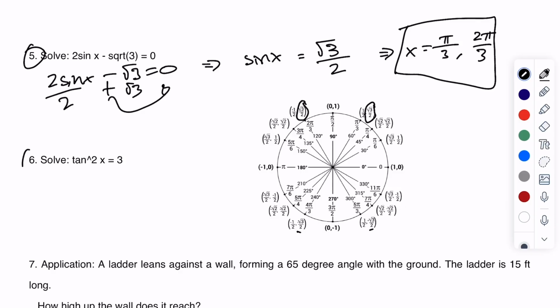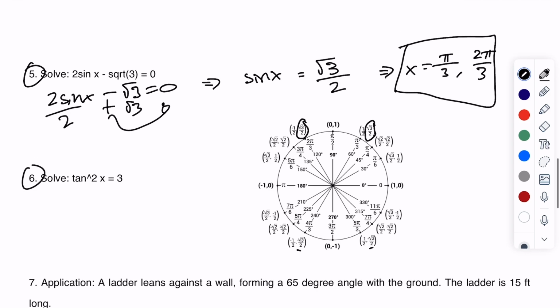Okay, our next question is number 6. Tangent squared x equals 3. And we're going to solve for x again. So tangent squared x equals 3. Tangent x equals plus or minus the square root of 3. So where does tangent equal the square root of 3?